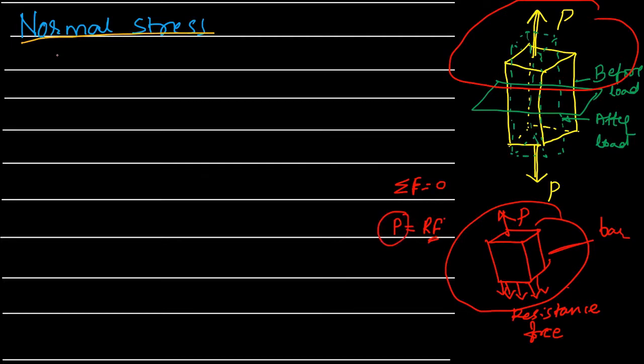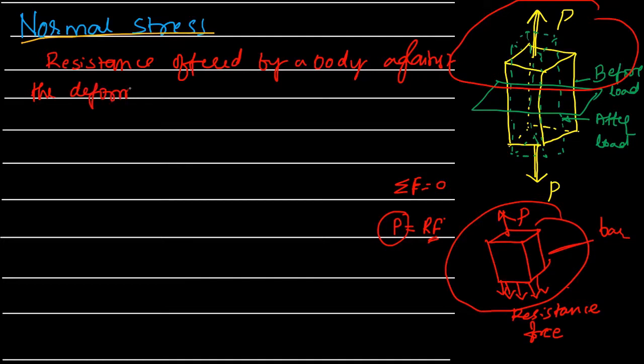Now the normal stress is defined as the resistance offered by a body against the deformation per unit area.